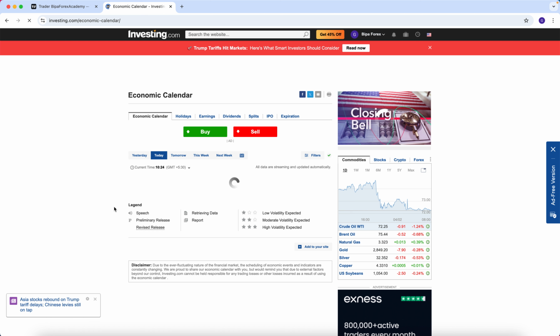For example, jobless claims or job openings, or if a central bank chairperson is speaking in the US regarding their economy, and GDP is always 3 stars. Whenever you see a release of GDP, you will see the markets fluctuate a lot.